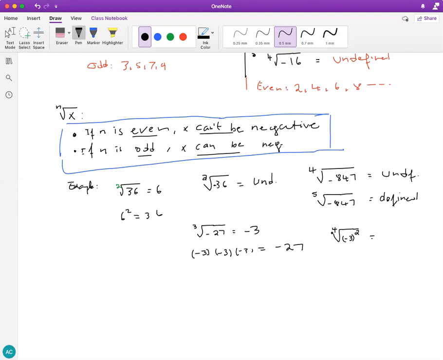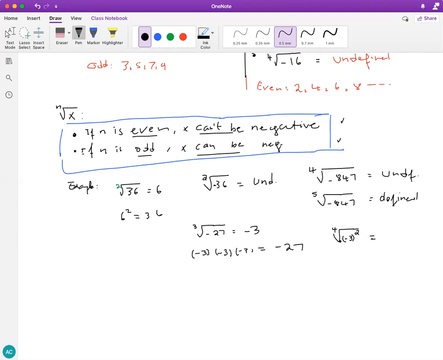Everybody, is this a defined radical or not? That's the first thing you do using these rules, before finding the value. Why do you think it's undefined? Because the index is even. And what else? Index is even and a negative sign.